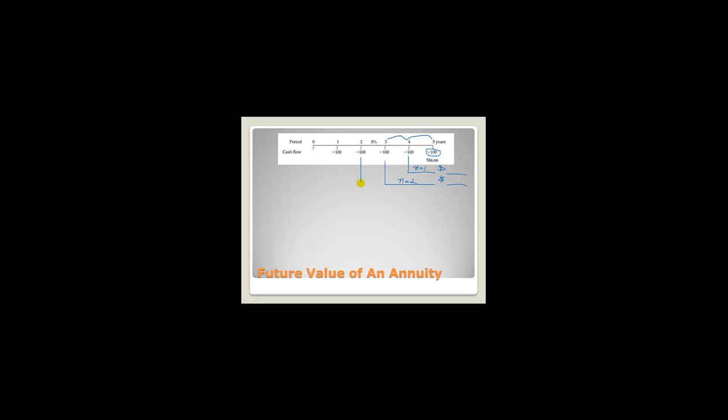Then we analyze the next $100 payment, and that n is going to be 3. Then we look at this final $100 payment, which came in at the end of the 1st year, or the end of year 0, if you want to look at it like that. So that's going to be a total of 1, 2, 3, 4 ends in the problem.